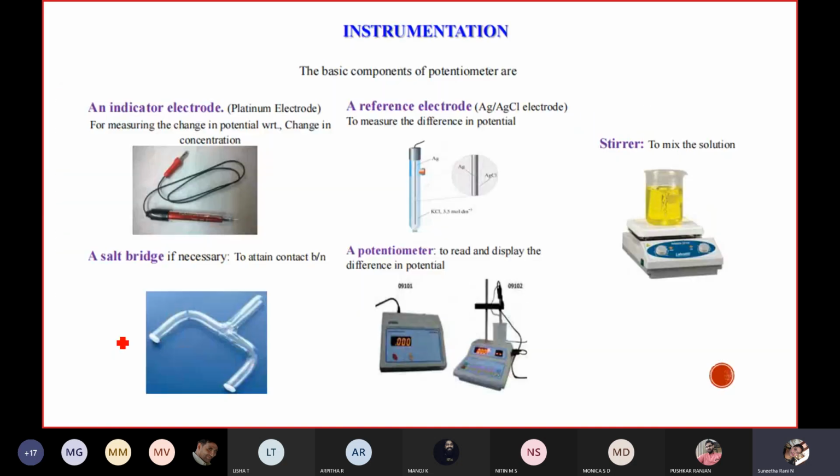What do we require for the potentiometric experiment? We require an indicator electrode, a platinum electrode, a reference electrode, a calomel electrode, and a stirrer to stir continuously, which helps in mixing the solutions, and we need a salt bridge and a potentiometer for connection, correct?